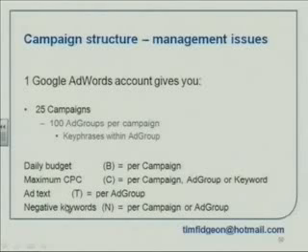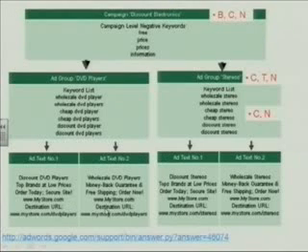And negative keywords can be defined per campaign or per ad group. So if you were to define a negative keyword at the campaign level, obviously that would cascade down and be applied to everything that's sat beneath it. So if you never want cheap to be a search term in anything you bid on within this campaign, you're better off defining that at the campaign level because it saves you the effort of having to define it in repeated ad groups.